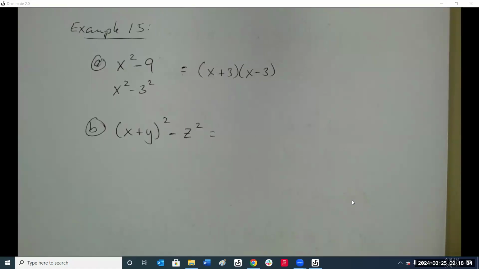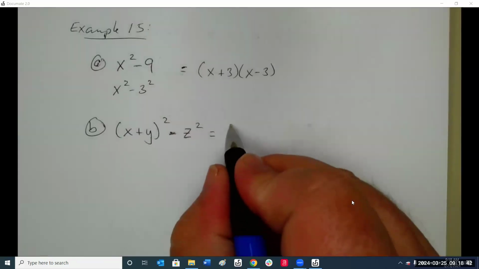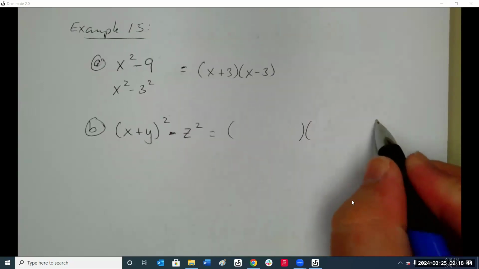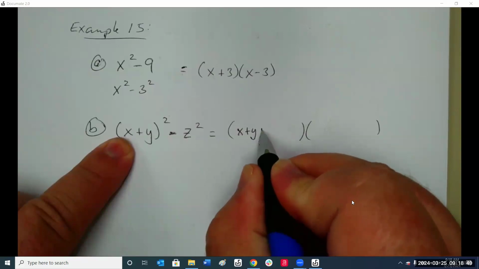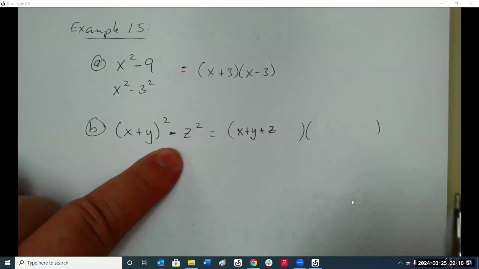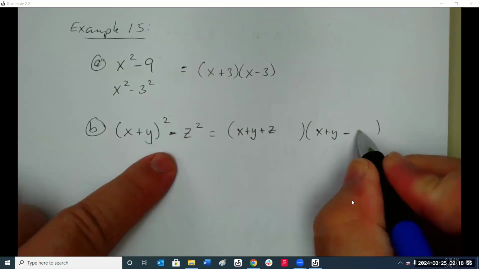Is it a difference of two squares? Because here we have the first one, it's squared, minus second one. So it's this first one, x plus y plus z, x plus y minus z.